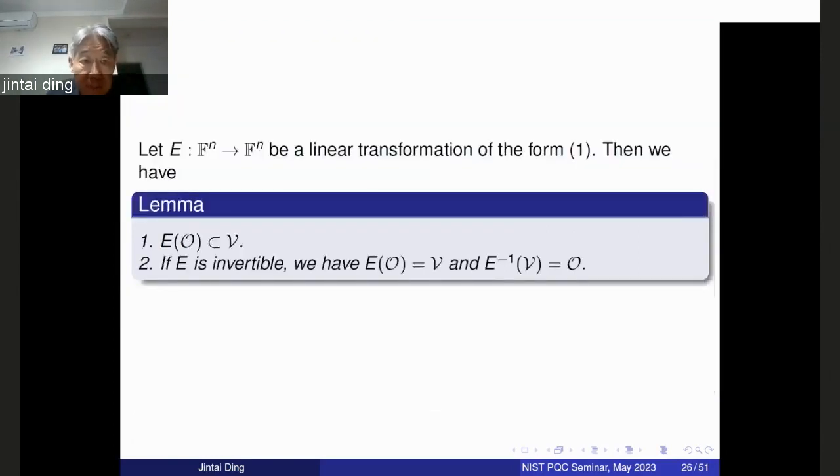Then let E be a linear transformation of the form we described. Then we have the following two very interesting properties. Number one, this matrix maps the O space to V. And number two, if this matrix is invertible, then E inverse V is also equal to O because of the invertibility of the E map.